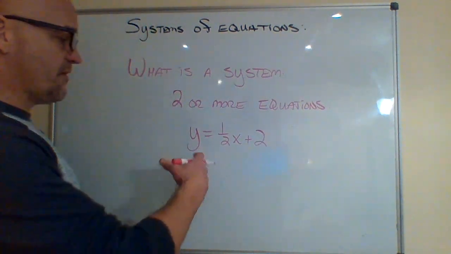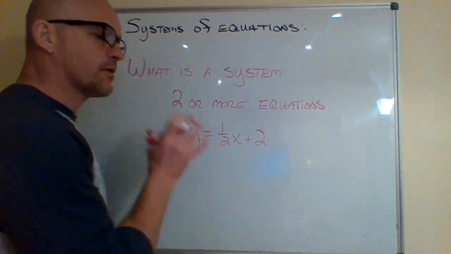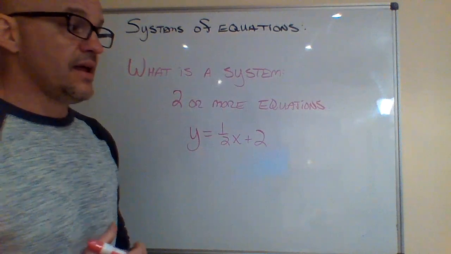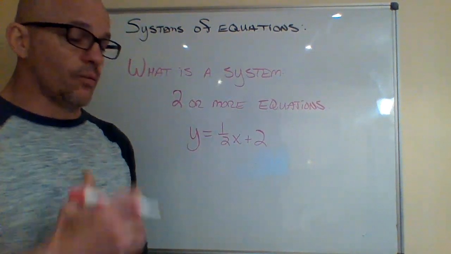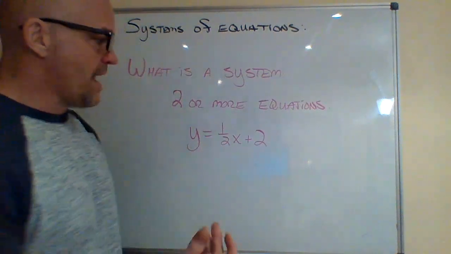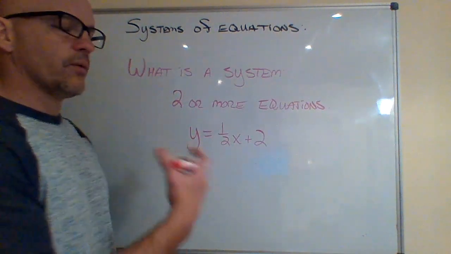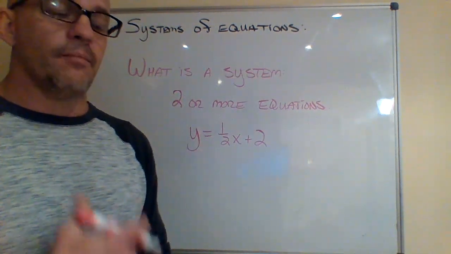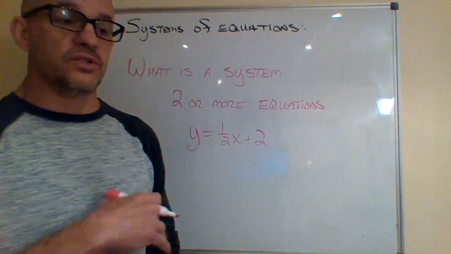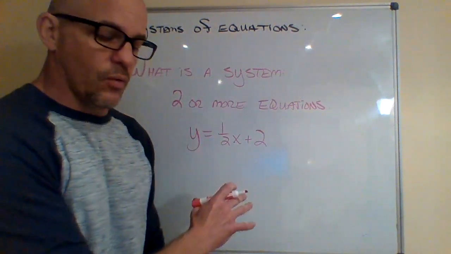There's an infinite amount of XY combinations or points that make this work. They happen to have a constant rate of change relationship, and they form a line when we plot all of those. Now, we started by making XY tables, and we plotted a bunch and drew the line. Then we learned about slope and y-intercept, and it was a faster way to achieve that. But the whole purpose of graphing the line is that we show all the solutions that make this thing work.